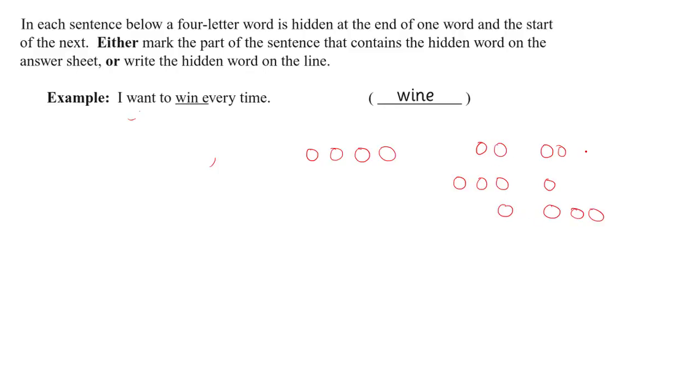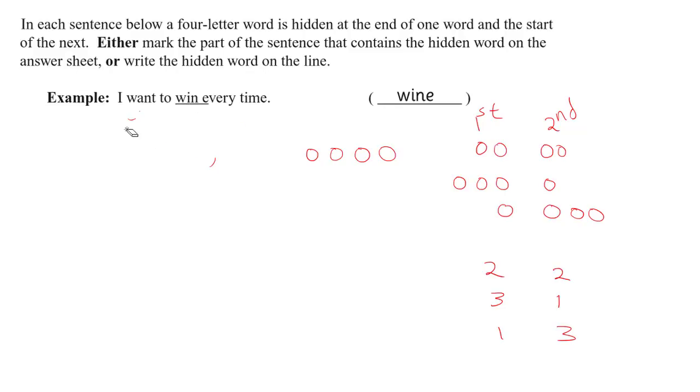So if this is the first word and this is the second word, it could be 2 and 2 to make 4, it could be 3 and 1, or it could be 1 and 3. There are only those options that you can think of, okay?